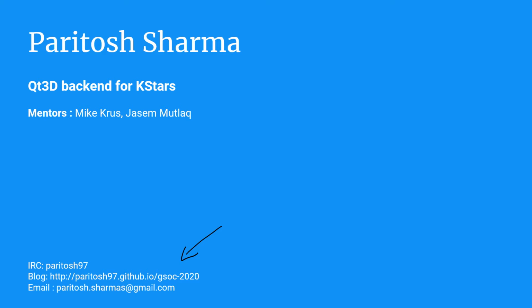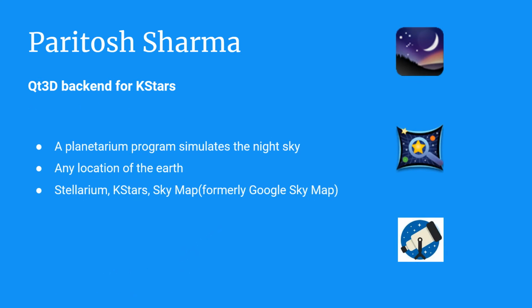So let's begin. First I'll start by introducing what a planetarium software is. It's simply a program which simulates the night sky at any location on Earth at any given time. There are separate planetarium softwares such as Stellarium, KStars, SkyMap, formerly known as Google SkyMap.